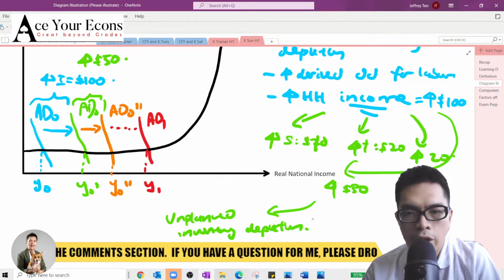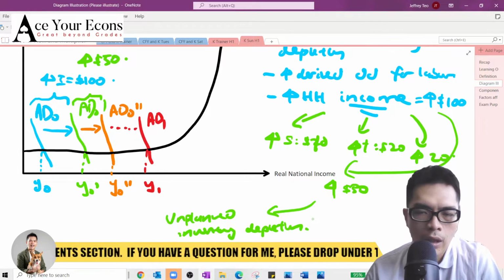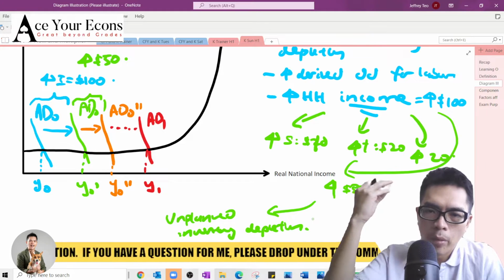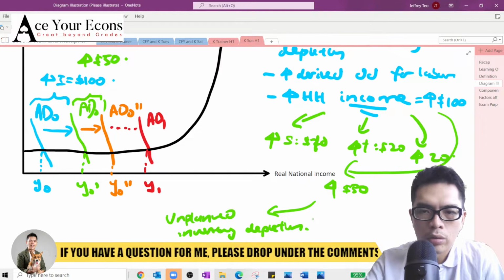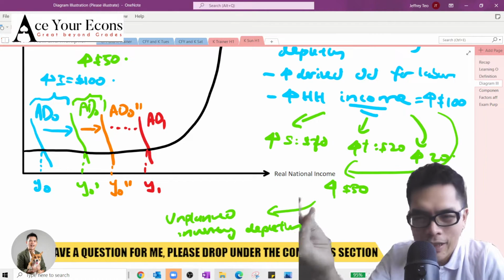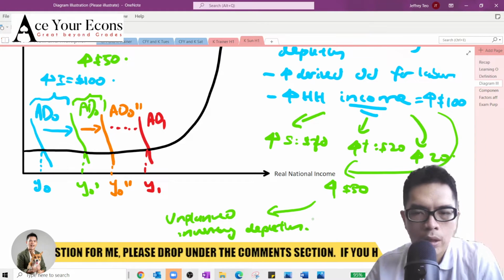So this additional induced spending of $50 will end up as household income of $50. And they will go through the same process. So 0.1 of this $50 will go to savings, 0.2 will go to tax and import, the remaining will be respent.